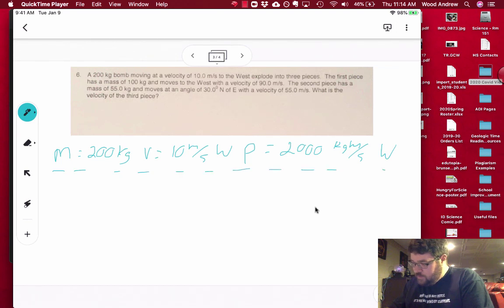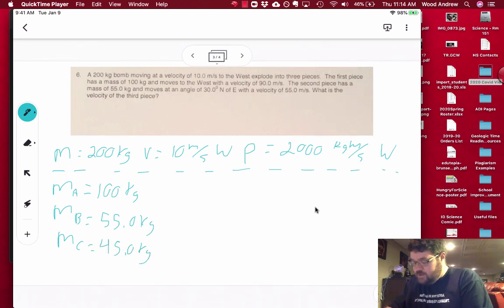Afterwards, we no longer have one piece, we have 3 pieces. So we have pieces A, B, and C. The mass of the first one is 100 kilograms. The mass of the second one was 55 kilograms. And that would leave the third one to be 45 kilograms, assuming that mass is conserved, which is something we can assume.